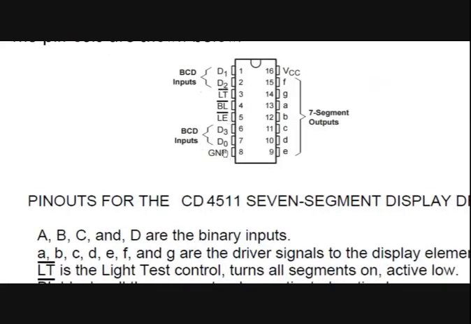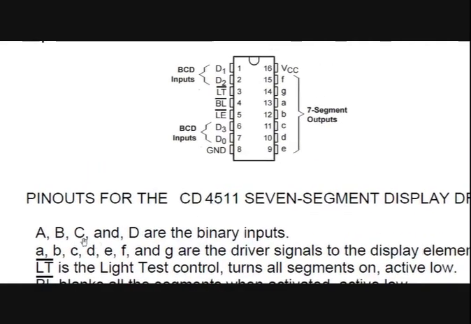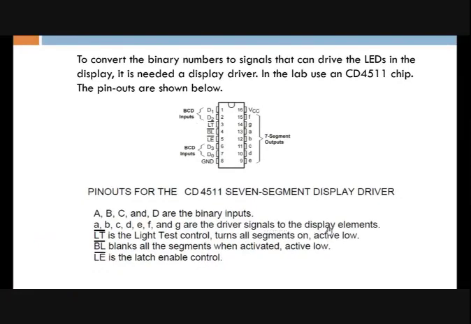D1, D2, D3, and D4. And then A, B, C, D, this one uppercase, binary input, and then the lowercase a, b, c, d, e, f, and then g, this one the driver signal to the display element. So this one need to be connected to the 7 segment.